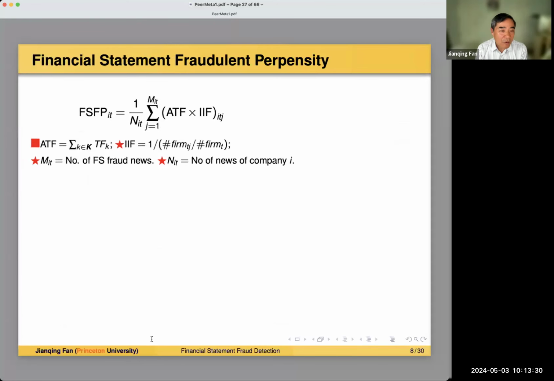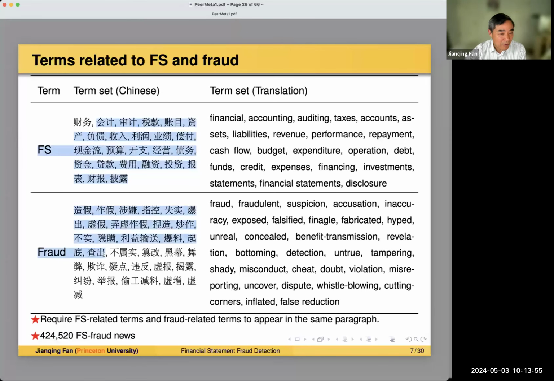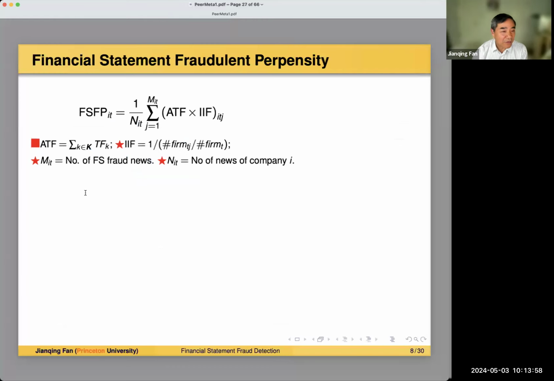Based on these reports, now I can see for each individual firm at time T what the risk of financial statement fraudulent propensity is. The way we calculate it is the aggregated term frequencies. These terms together, how often they appear, weighted, give the financial propensity score.